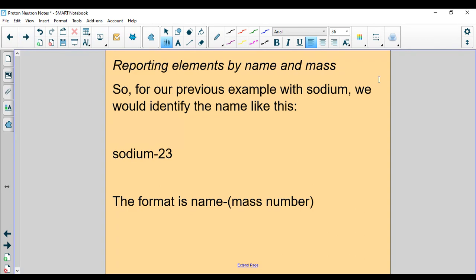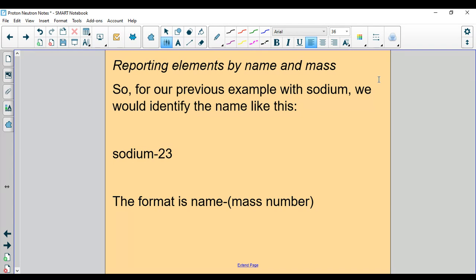One of the ways that we identify elements is by their specific mass. Certain elements have special properties or properties of interest depending on what mass they have. So a common way to report a particular element is using the name, dash, its mass number. So the name of the atom of the element sodium from the last example is sodium-23.